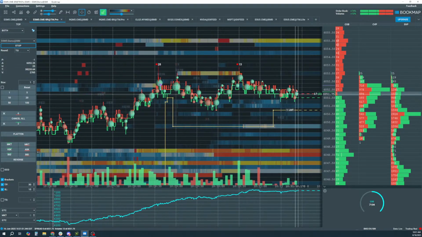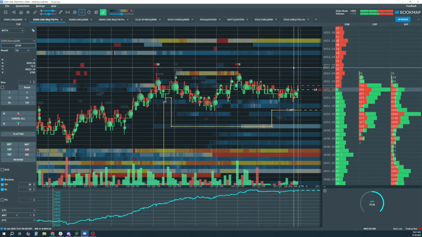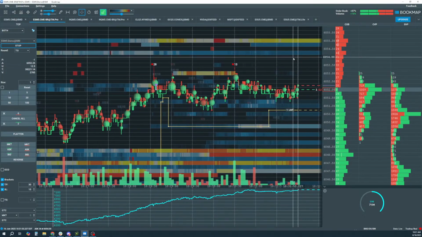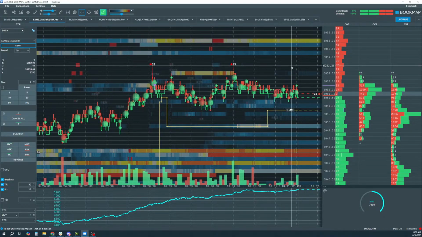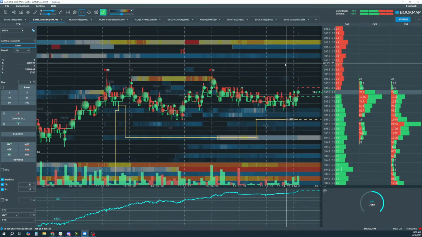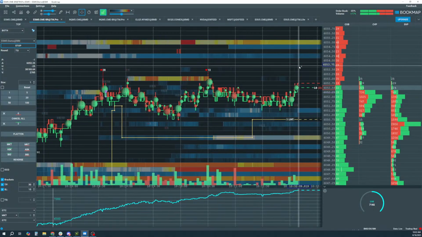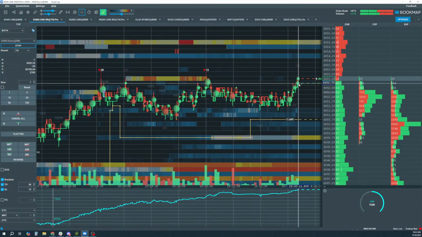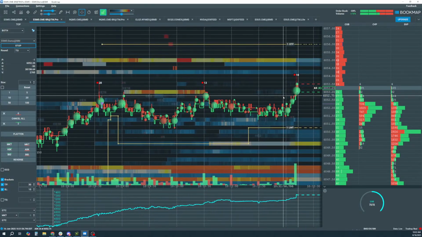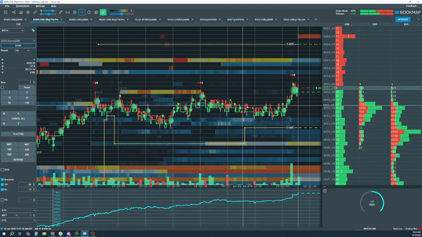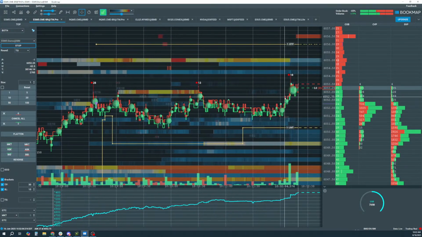Okay, now we're in a very tight little range right now. Okay, and still finding some demand here, aggressive demand. Okay, still probing higher now. Okay, so based off of this, I should get out. It's probing higher, and I'm still seeing more demand in here aggressively.